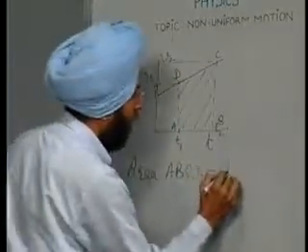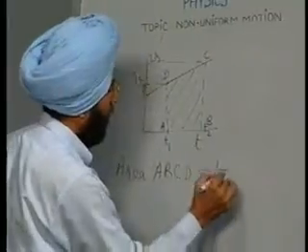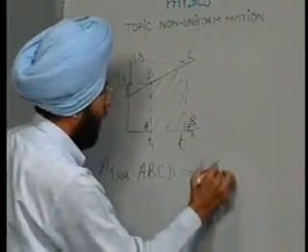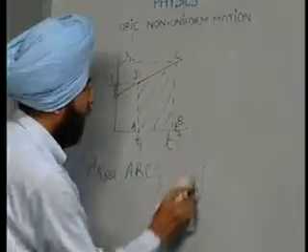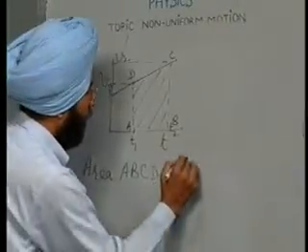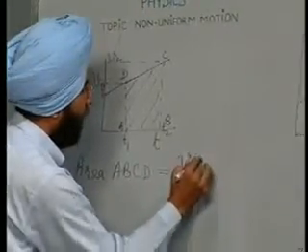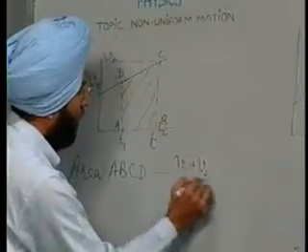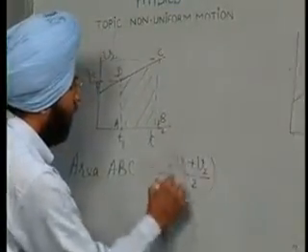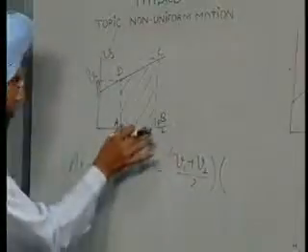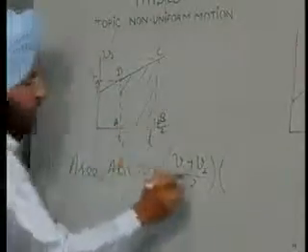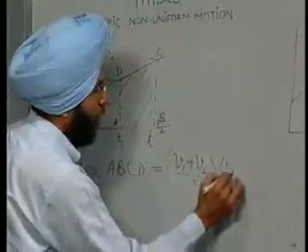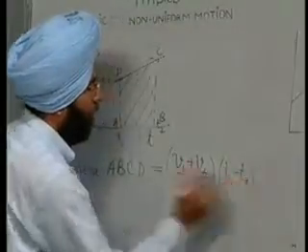For this kind of figure, the area is equal to V1 plus V2 over 2 into the base T2 minus T1.